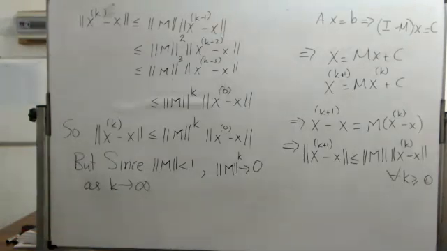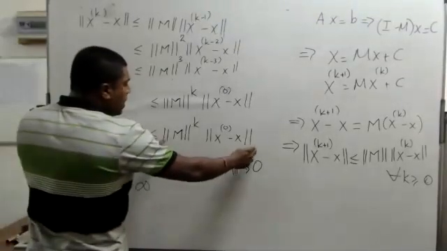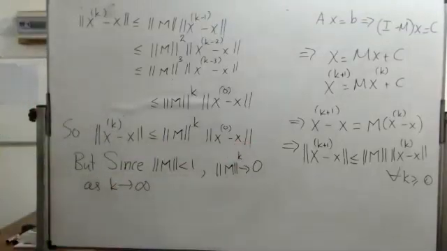And so you know 1 upon 2 to the power n will go to 0 as n goes to infinity. Right? Similarly, 1 upon 3 to the power n goes to 0 as n goes to infinity. So any number less than 1 to the power k goes to 0 as k goes to infinity. So the bigger thing is going to 0 as k goes to infinity.